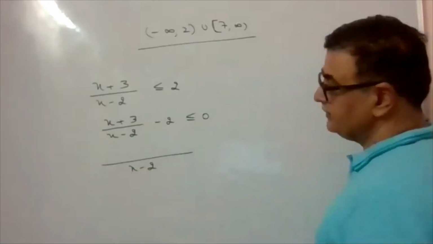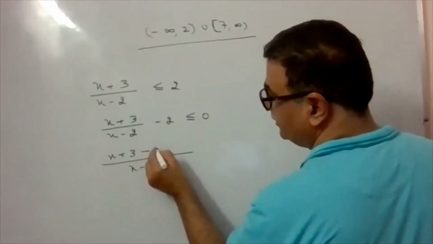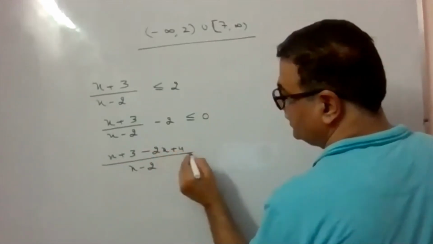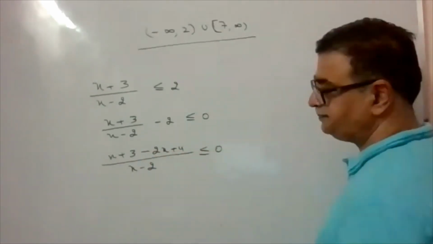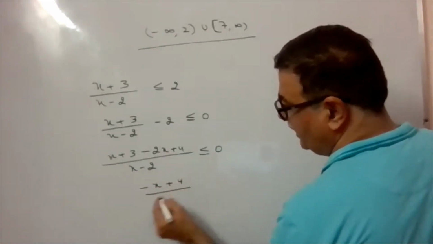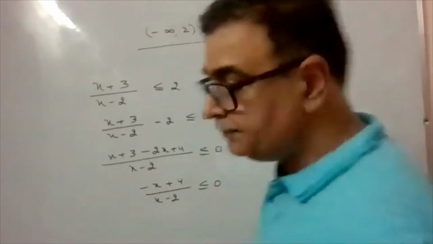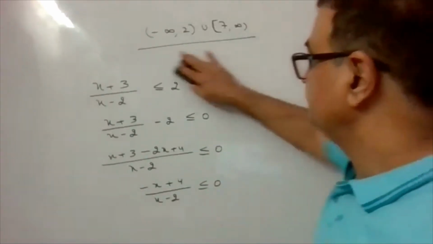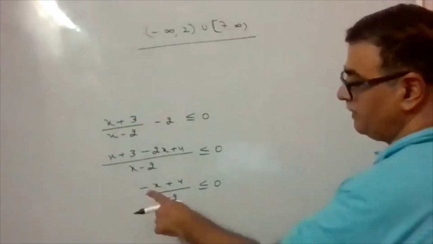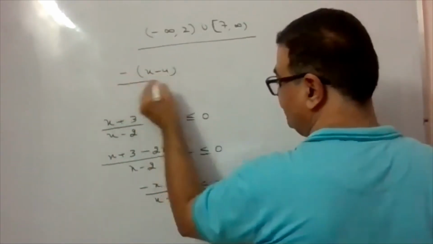x minus 2 is the LCM. x plus 3. This will come what? Minus 2x plus 4 coming less than or equal to 0. I got (minus x plus 7) by (x minus 2) coming less than or equal to 0. Now this is minus, so I take minus common, then it will come x minus 7.